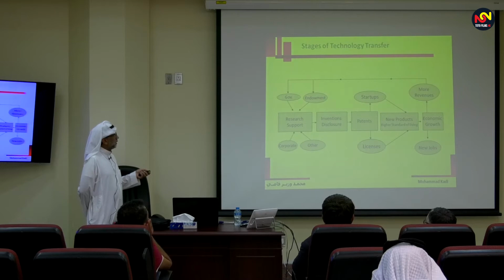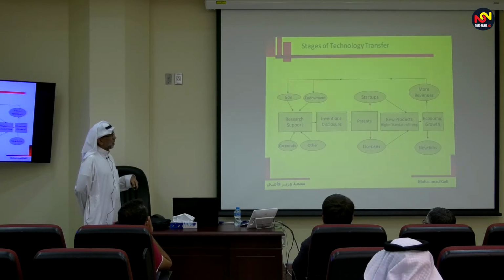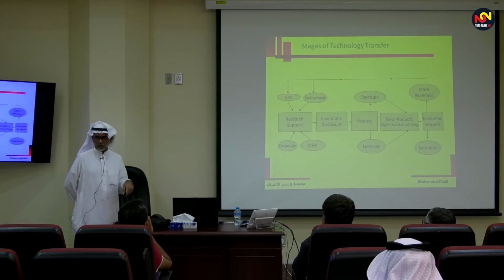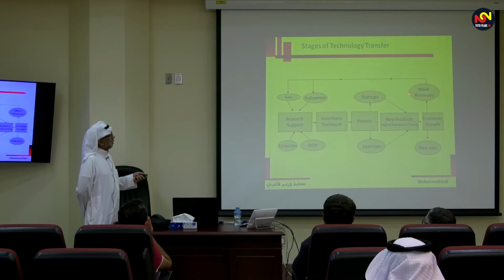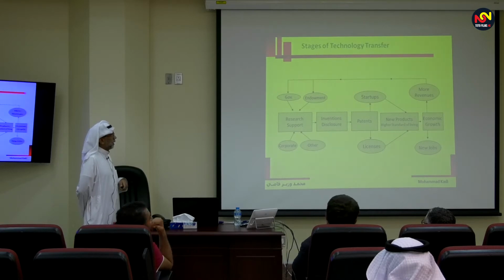So from research, inventions get disclosed to the university, and here we disclose them to the patent unit in DSR. We get the patent, which will hopefully get transferred to new products to promote higher standards of living.